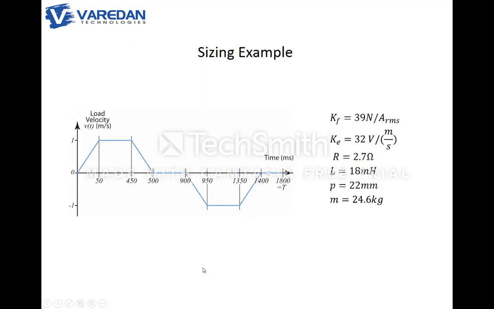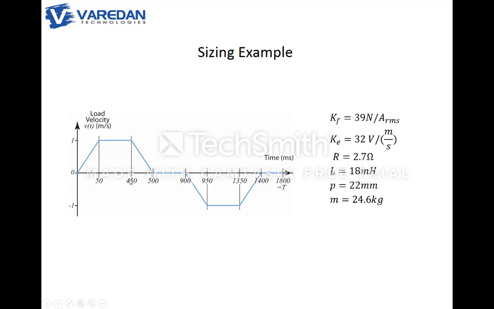Let's do an example. So again, the inputs we need are a velocity profile. For the spreadsheet, we'll use trapezoidal profiles because they're easy to describe in terms of the corner times and velocities. In the case of this trapezoidal profile, the inputs would be 0 seconds and 0 meters per second, and then at 50 milliseconds the velocity is 1 meter per second.